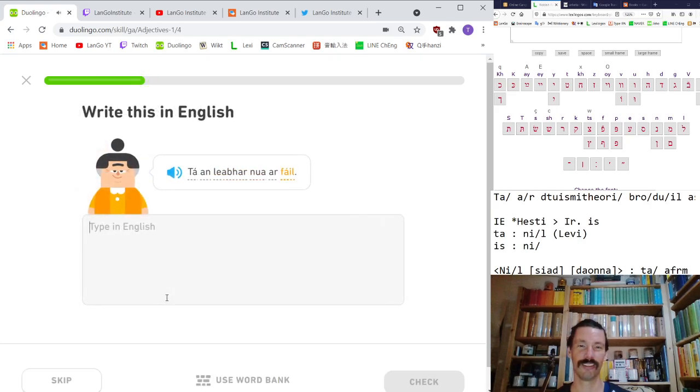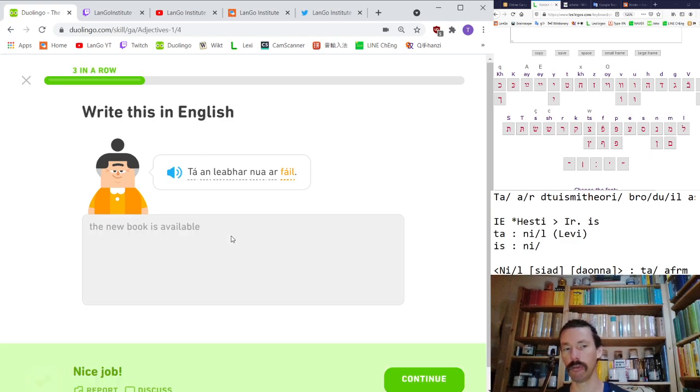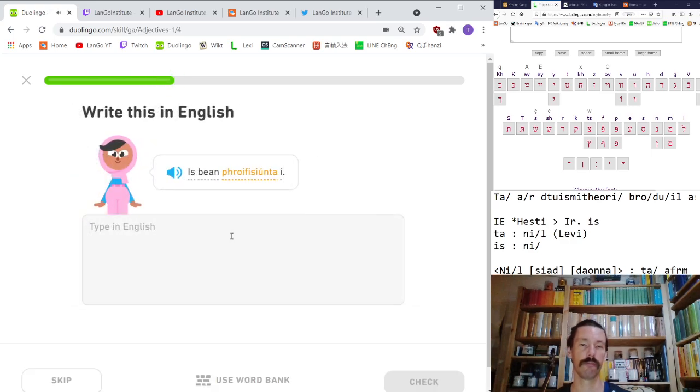Tá an leabhar nua le fáil. Fáil. Prepositional. Fáil, available. The new book is available. Is bean phroifisiúnta í. So, this is helpful. This mutated from proifisiúnta.